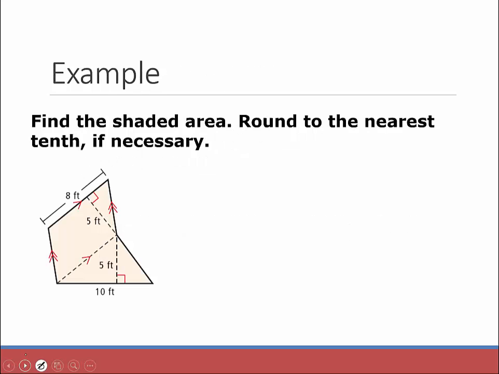This first one looks kind of messy, but the first thing I notice is they tell us that lines are parallel. If we look at these lines that they tell us are parallel, this makes a nice parallelogram. Because this is a parallelogram, we can use the formula that we know for area, base times height.